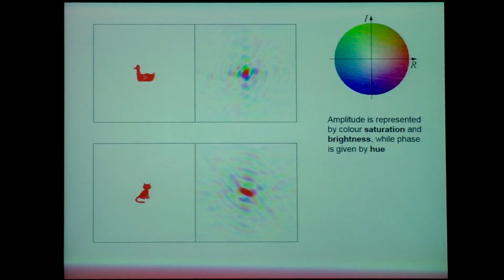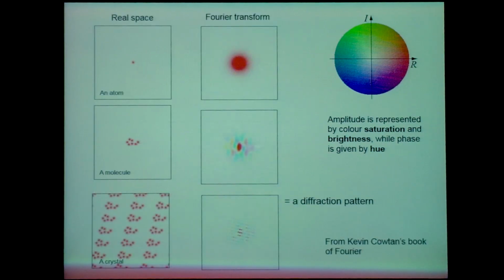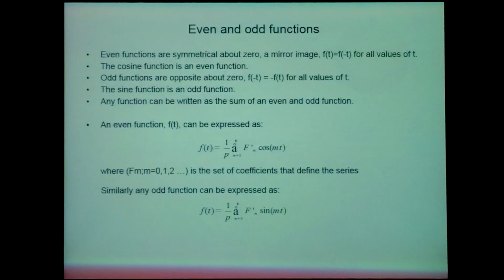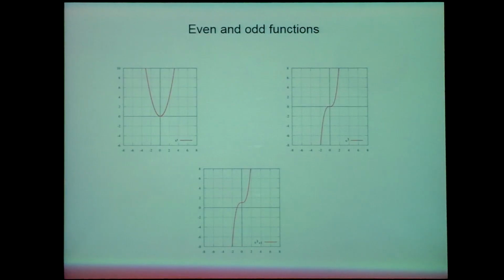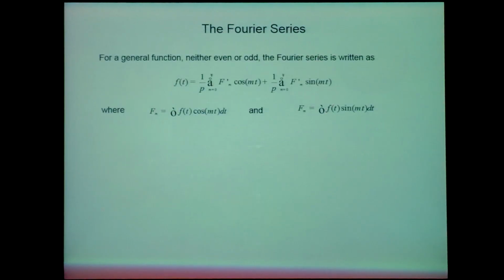If I could slow the light down, I won't go through even our function. But for a general function, you can express the Fourier series as a summation of cosines and sines.